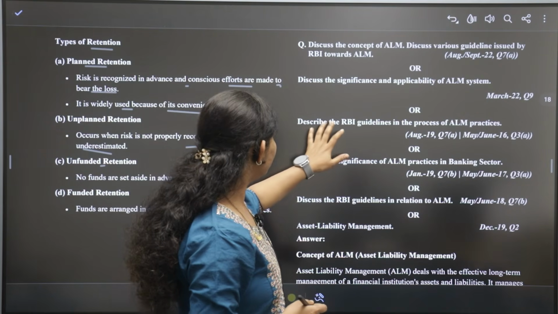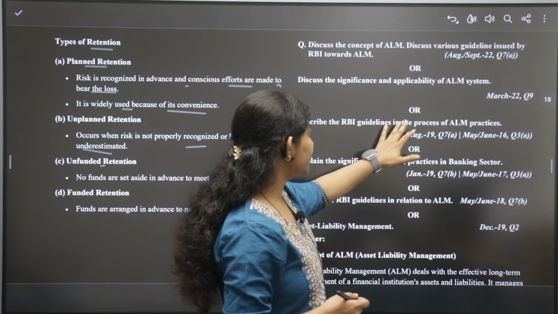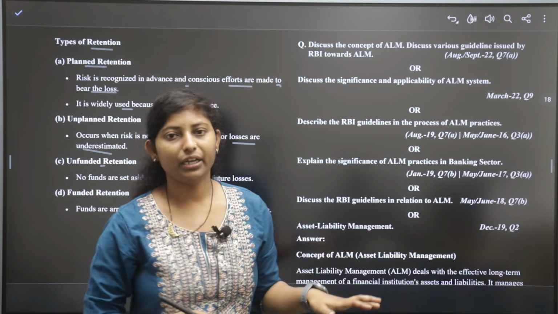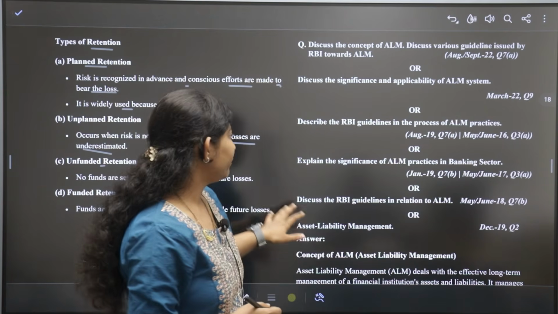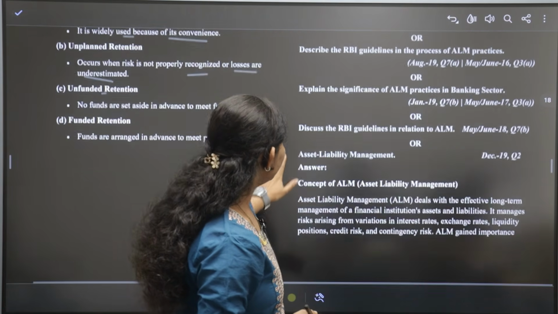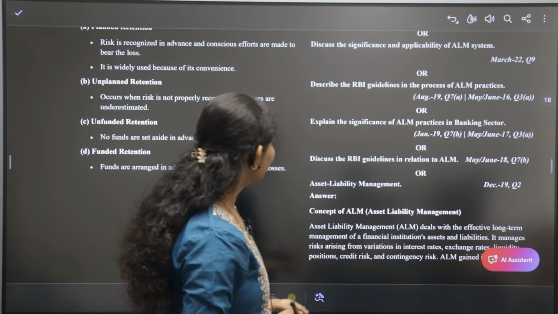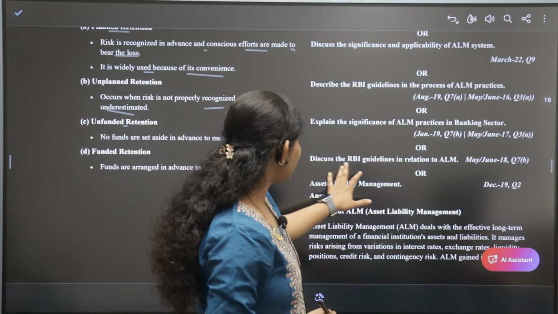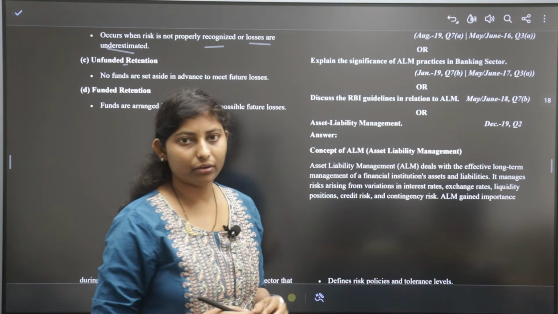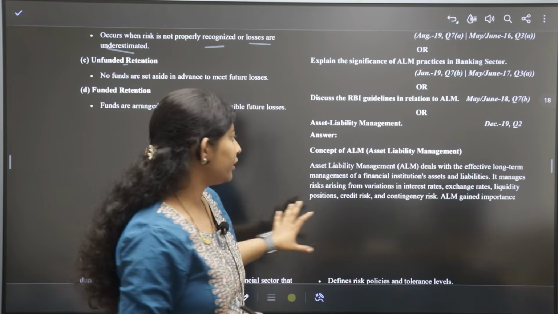Or they may ask, describe the RBI guidelines in the process of ALM practices. All these three questions repeatedly occur in exams, so it will be very helpful for you. We'll discuss the things about ALM, and all the questions related to ALM we cover here.